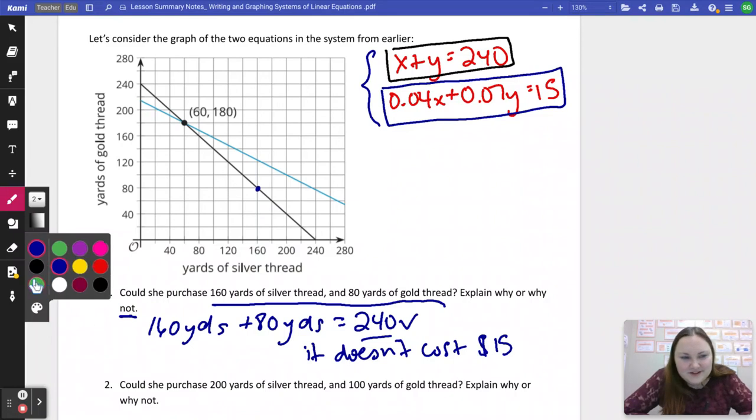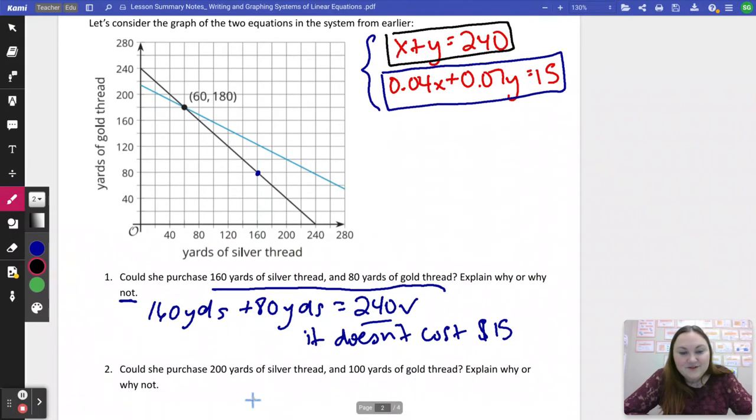There was one other question here that was about the 200 yards of silver and the 100 yards of gold. Similarly to what we did before, if I go and look at 200 yards of silver thread and 100 yards of gold thread, that takes us to this point right here. This time, I notice it's on that blue line, which matches up to our cost constraint.